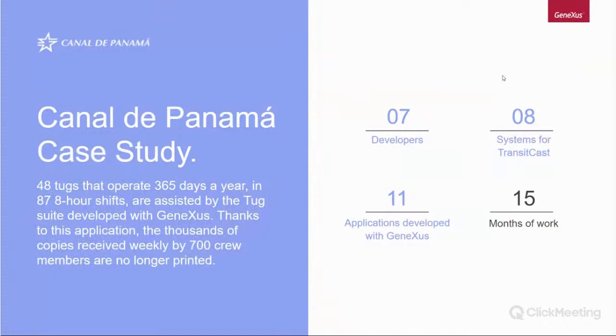to create 11 applications to support the digital transformation of their company, creating, for example, applications to pre-inspect the vessels. If a vessel wanted to cross from one ocean to the other through the Panama Canal, it would have to request the crossing, and before the permission was issued, a team would have to inspect the vessel.